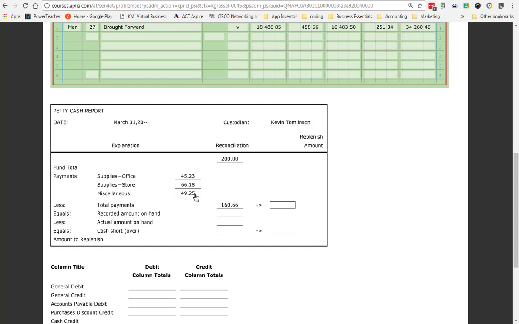I got $160.66. Do people agree? Okay. Now, what I want you to realize, I did the math. I put 160.66 here. Do you see this little arrow? We're just going to copy this number and put it there.